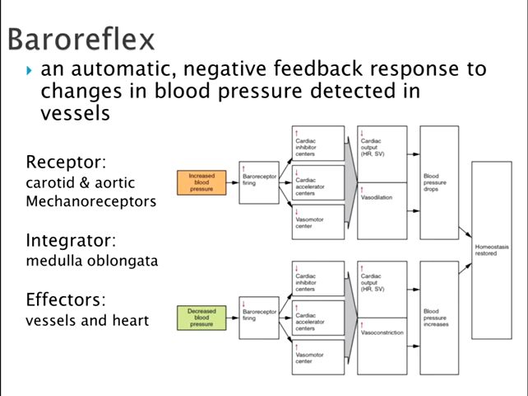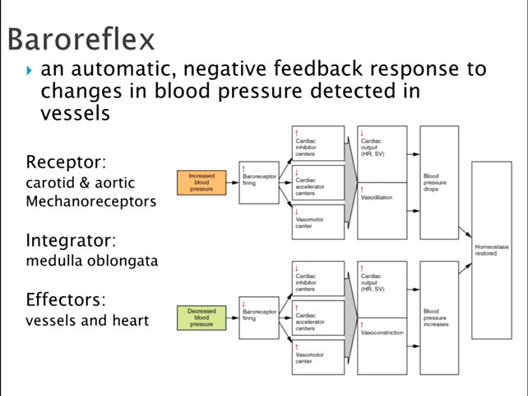Okay? So with increased stretching, you're going to see an increase in the cardiac inhibitor center, a decrease in the cardiac accelerator center, and this is all part of the cardioregulatory center. So you have inhibitors and accelerators. The inhibitors, think parasympathetic, rest and digest. Accelerator, think sympathetic, fight or flight. And then we're going to also decrease the vasomotor center, which is also associated with the sympathetics.